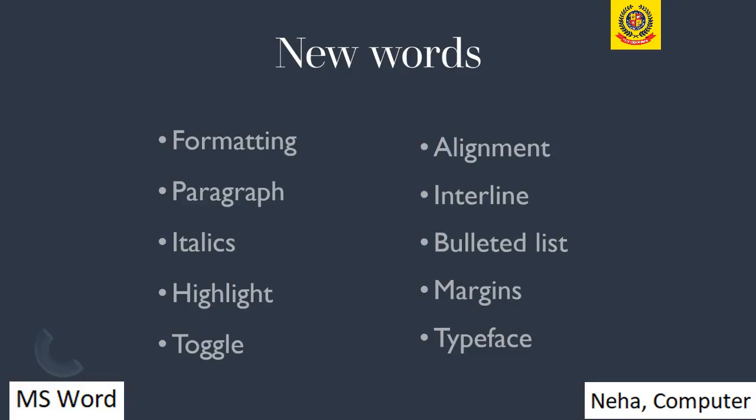So first of all, we'll know the new words, and these words, students, you have to write in your computer notebook. So first is formatting, second paragraph, third italics, fourth highlight, fifth toggle, sixth alignment, seventh interline, eighth bulleted list, ninth margins, 10th typeface.